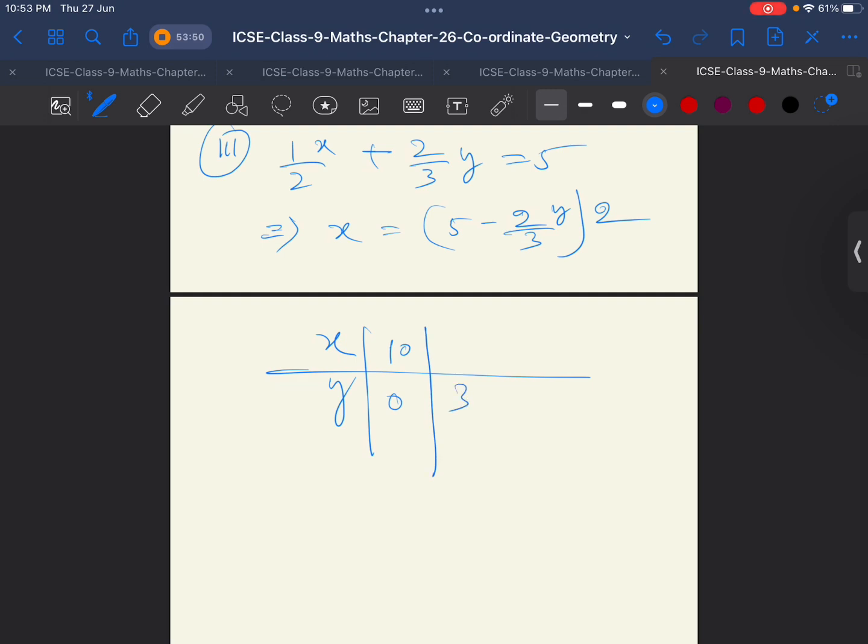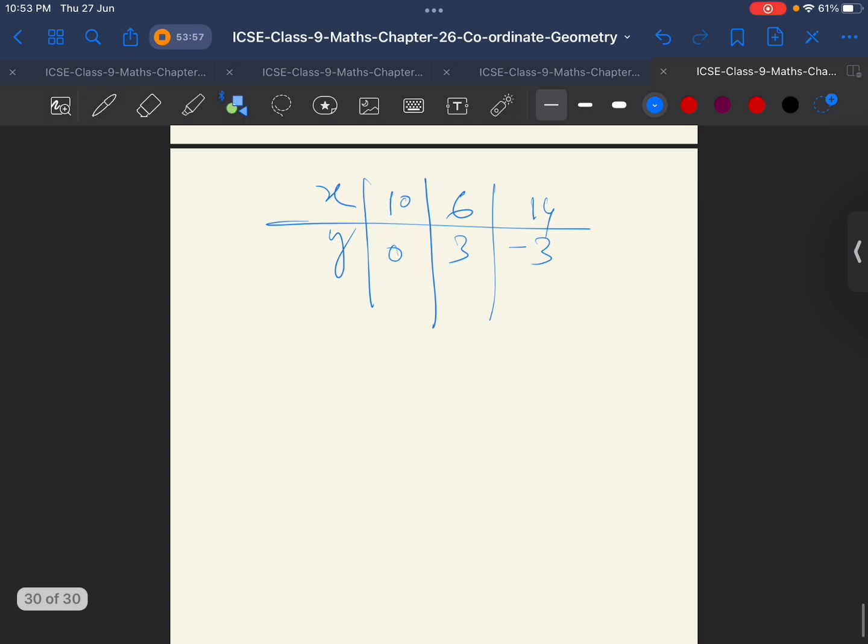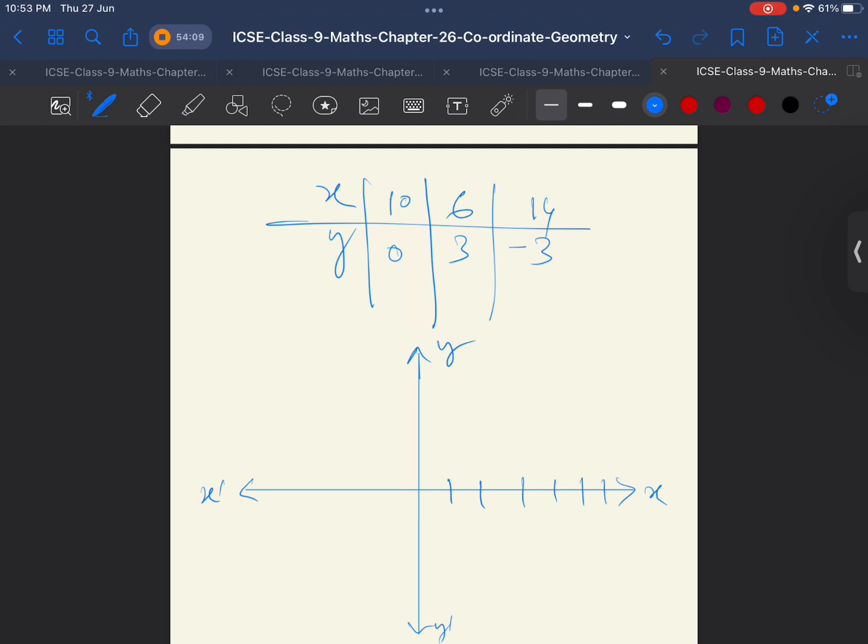When y = 0, x = 10; y = 3, x = 6. x dashed and y dashed.